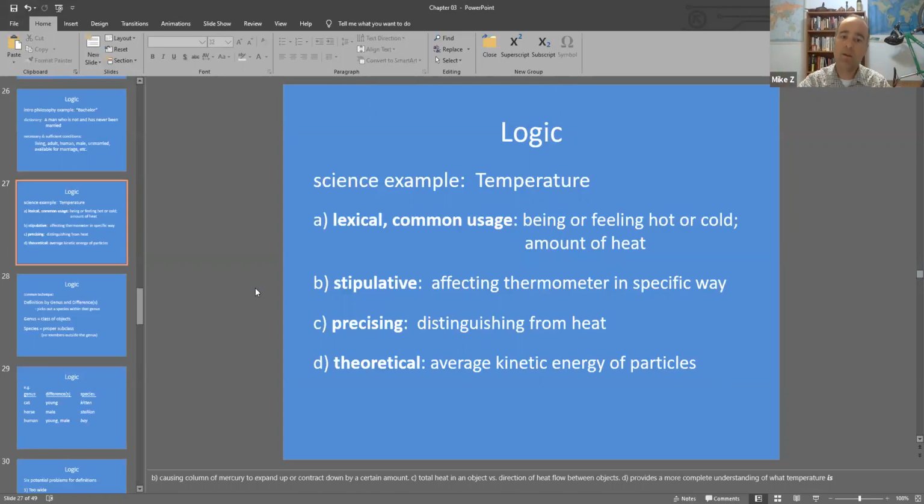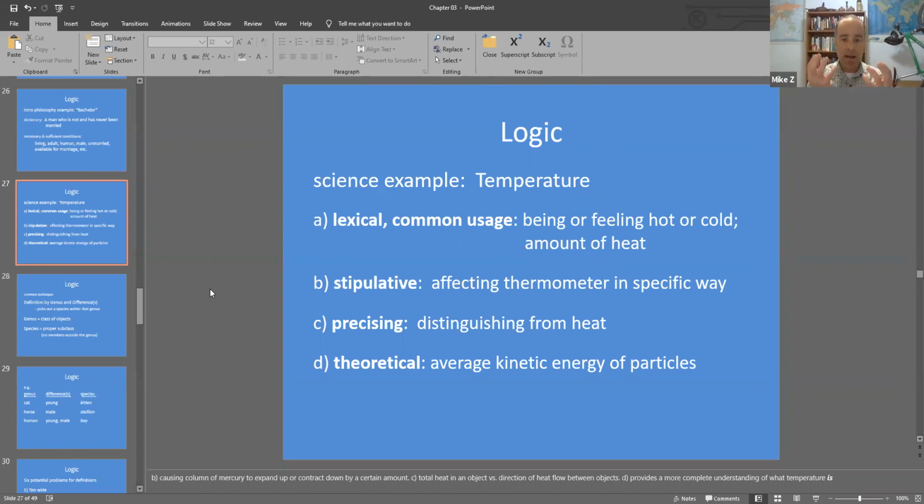But then, once scientists had studied these things in more and more detail, we had the molecular theory of matter and atomic theory. We came to understand that everything is made up of atoms and these subatomic particles. And so when we're measuring temperature, what we realize is that any substance is made up of these little particles, and these little particles are always moving. In air or water or something, they'd be moving all around, but even when they're in a solid, and so they're not moving from place to place, they're still vibrating all the time.